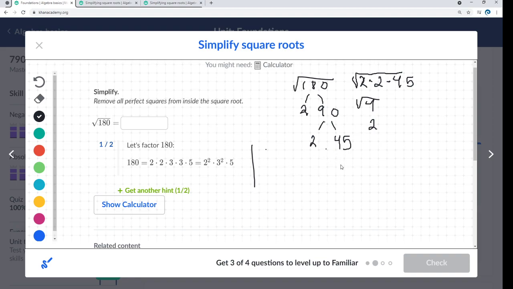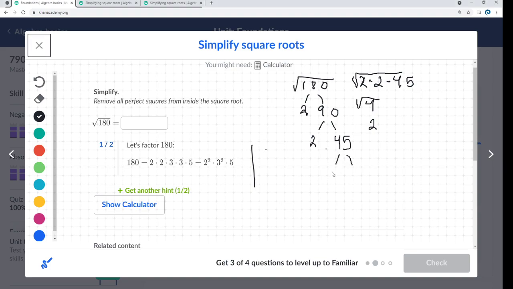So 45 divides evenly into 3, right? And that becomes 15, which again divides evenly into 3.